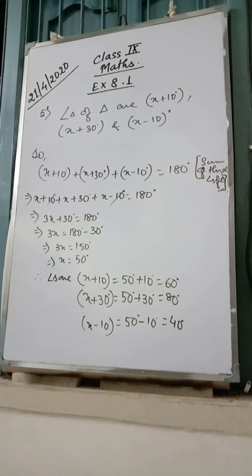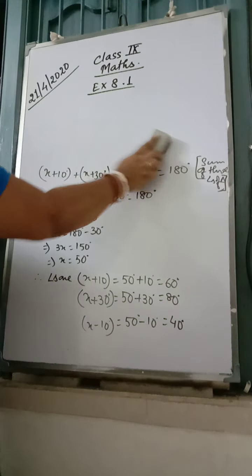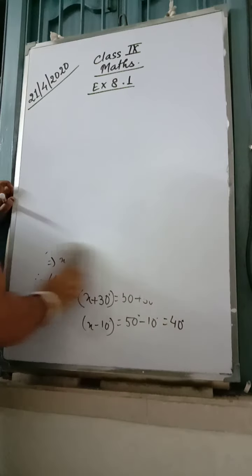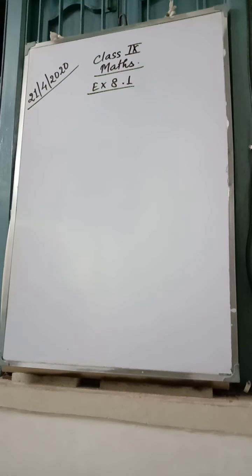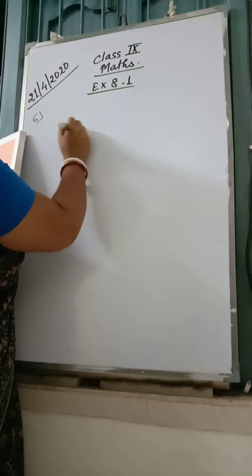Question number 6. Use the given figure to find the value of y in terms of p, q and r. Just see the figure which is given to you. This is quite different from the triangle figures.